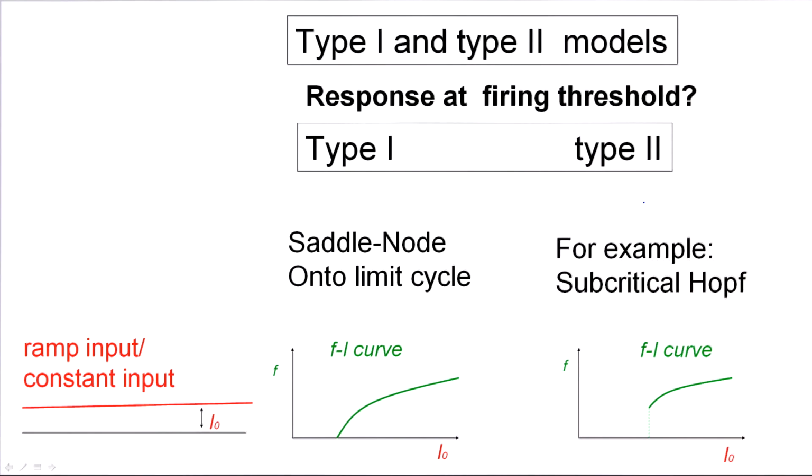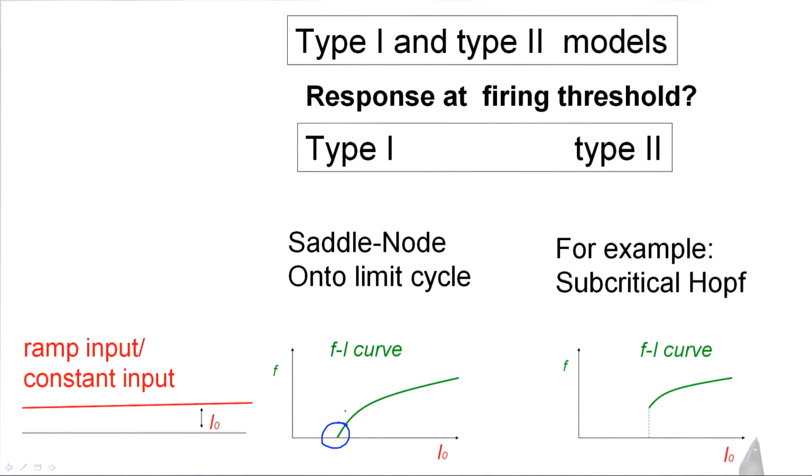Thus, we can identify a type 1 FI curve with a saddle node bifurcation onto limit cycle, a type 2 curve, which means this continuous gain function can, for example, be generated by a subcritical Hopf bifurcation.